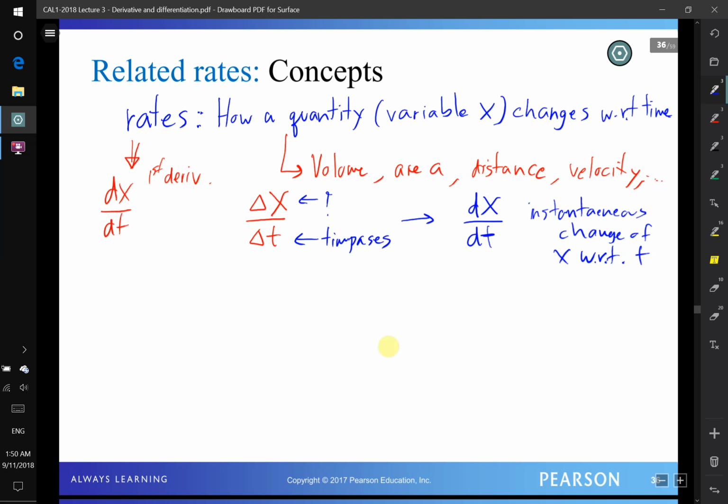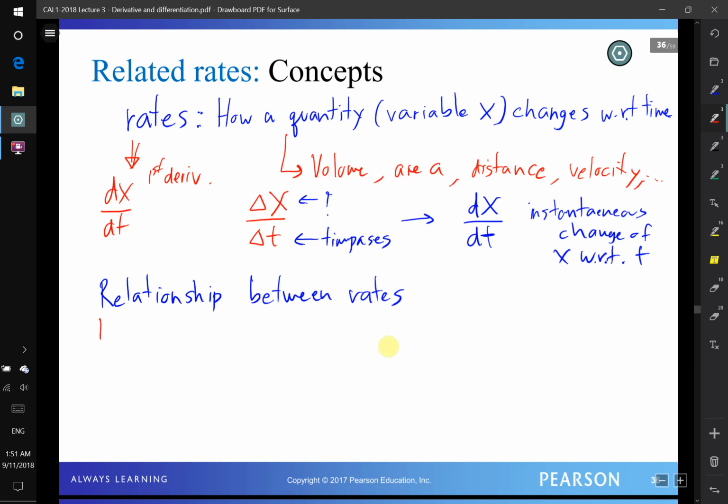So, related rates is about relationship between rates. Just like the name, related rates, relationship between rates. But before that, we say that rate is equivalent to first derivative.